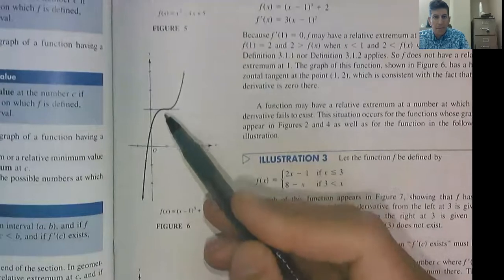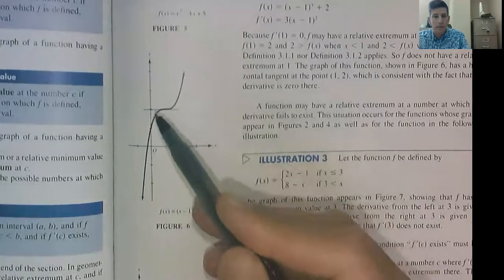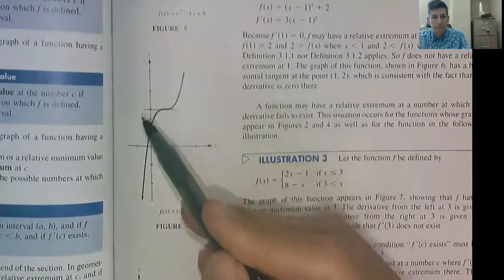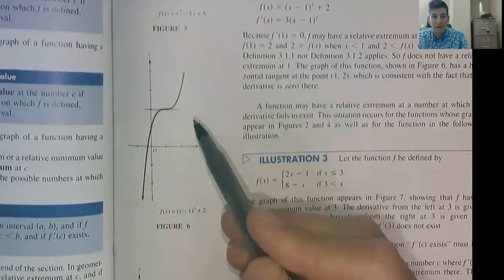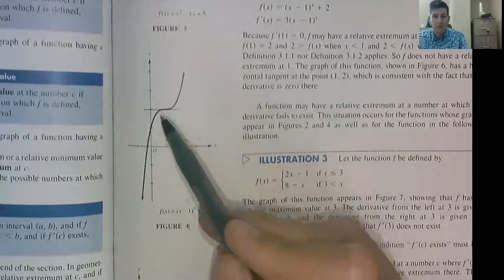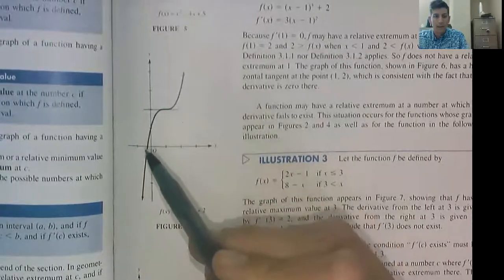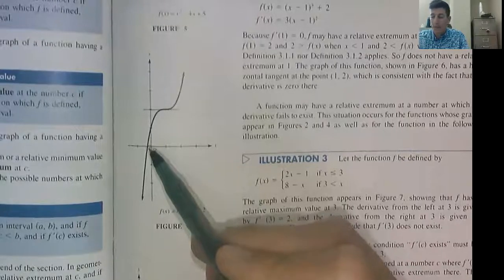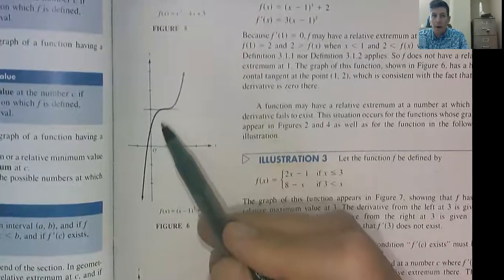There is this flat spot in this cubic function where the derivative is 0. You have a horizontal tangent line, and yet, just looking at this, you can see this is not a maximum or a minimum value. It just is like a pause.